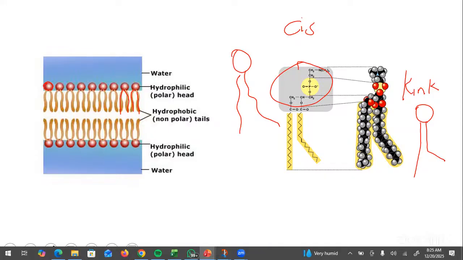If the membrane were very packed and rigid, it would be very difficult for molecules to pass through and out of the membrane. So the membrane must act like a fluid. That's why it's called the fluid mosaic model proposed by Singer and Nicholson.